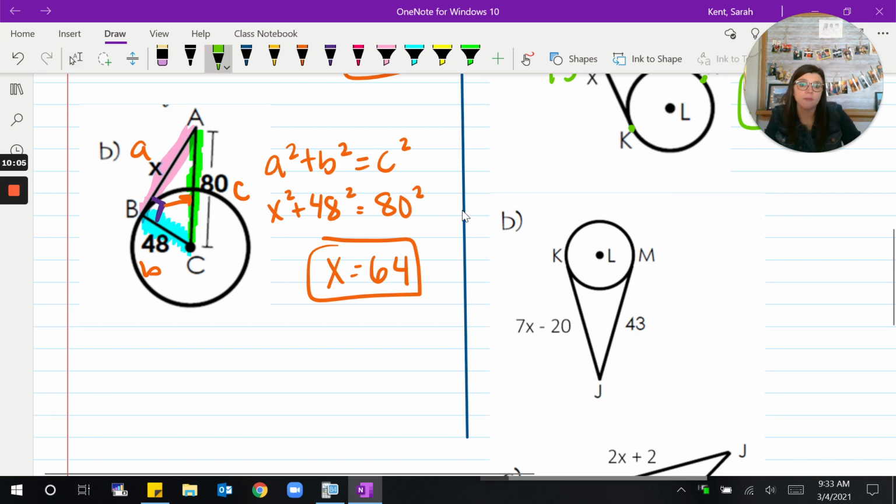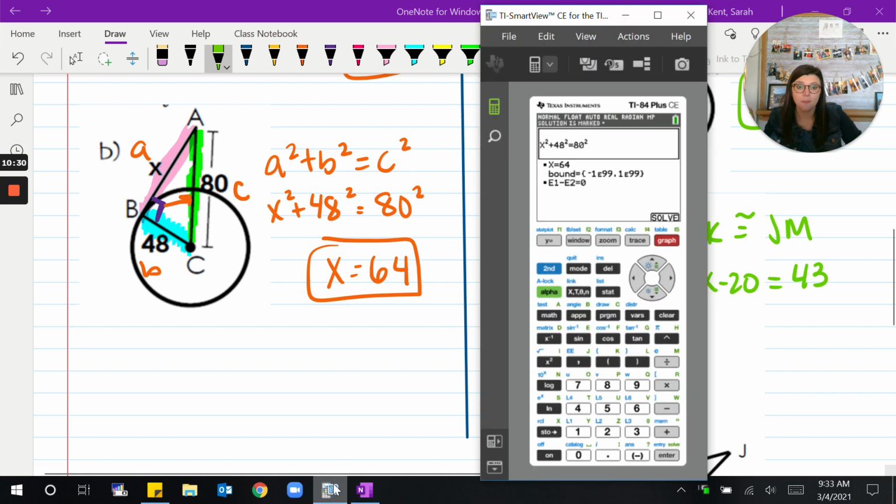So here again we have JK, JM, so we know that JK is congruent to JM. So that means on JK, we've got 7x minus 20. That is equal to JM, which is 43. So to solve for x, we can use our calculator again.